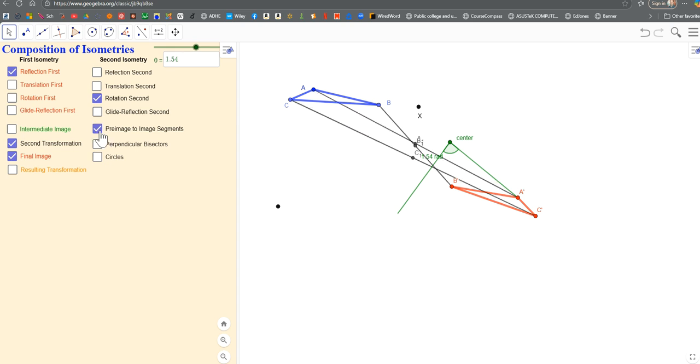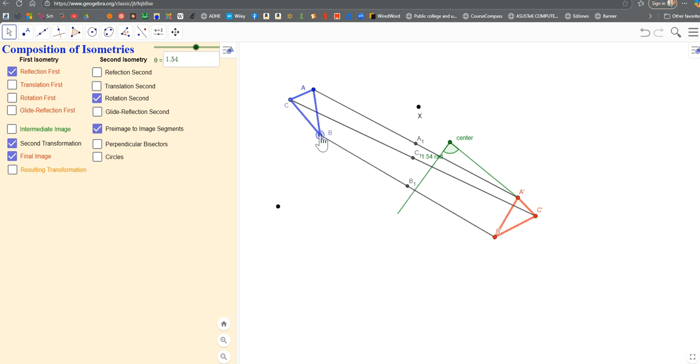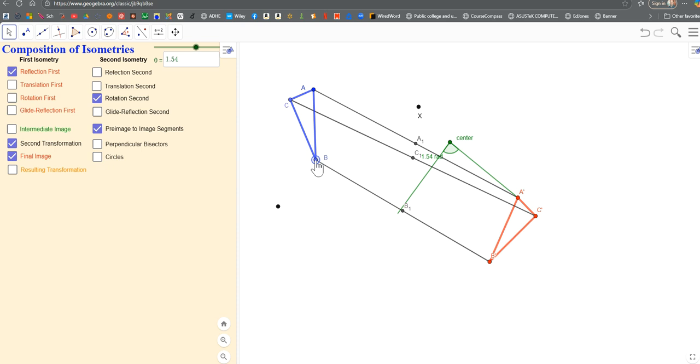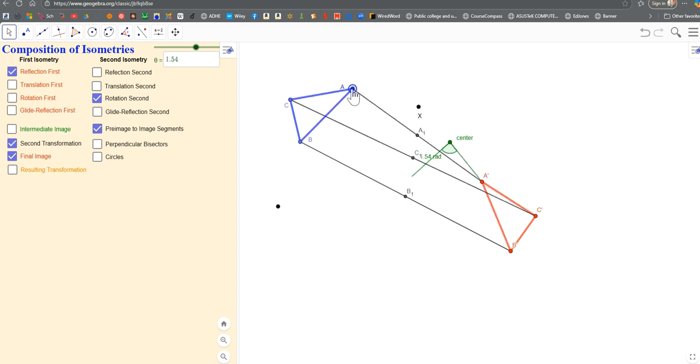One way to figure it out, again, is to look at the line segments that are connected here. They would need to be parallel for it to be either a reflection or a translation.